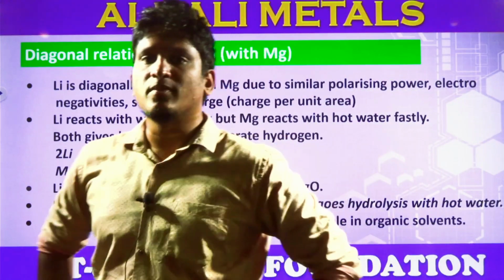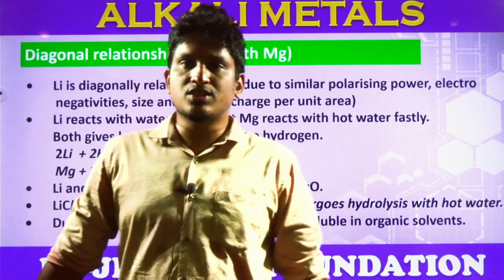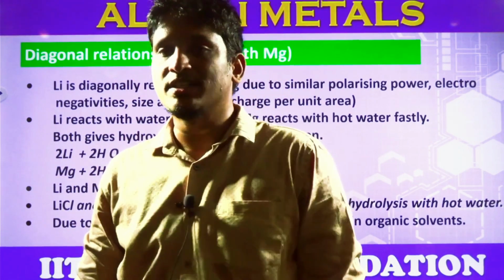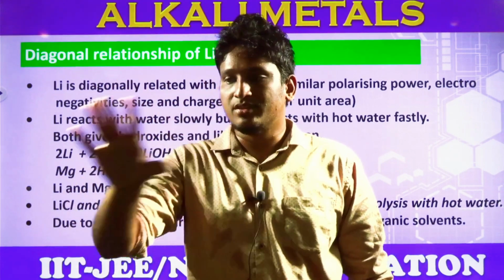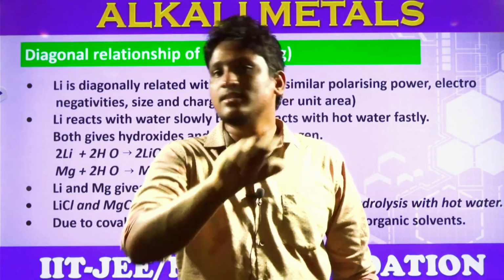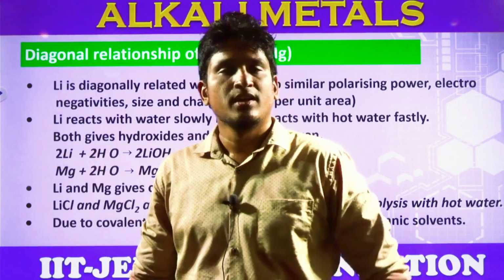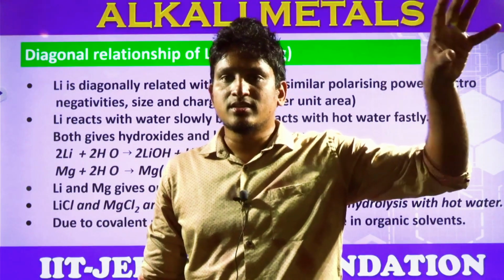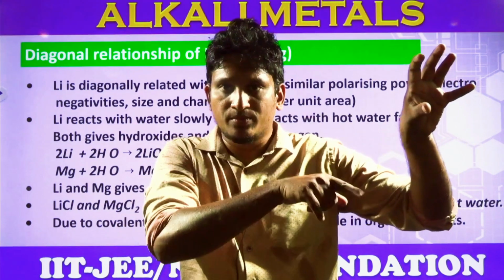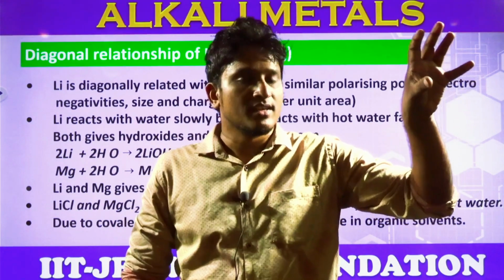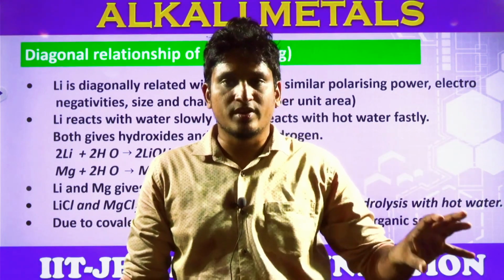Next, the diagonal relationship of lithium, mainly with magnesium. To start the discussion, I'll explain one general example. Listen carefully. Some students are seated group-wise and row-wise. The corner student has 10 rupees, the next person in the group has 11 rupees, the next has 12, then 13, 14, 15.